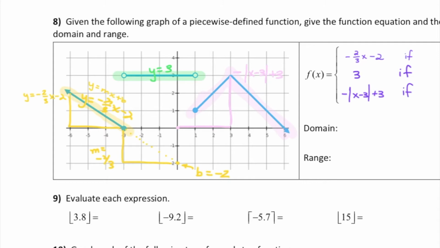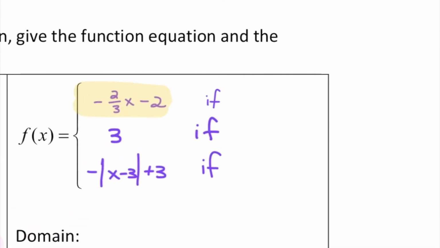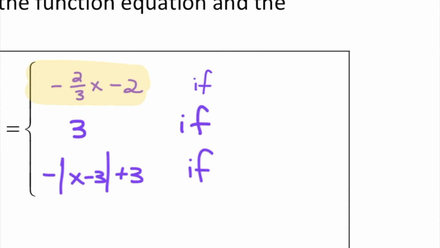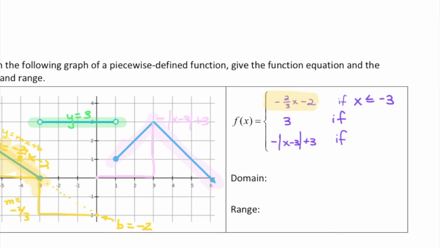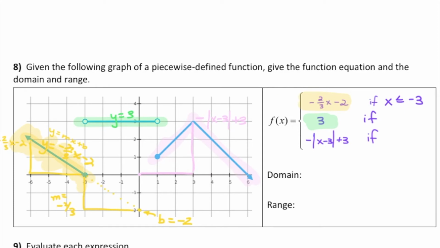Anyway, so the yellow portion of the graph, the linear equation that I have in the top, is from negative infinity to negative 3, and it includes negative 3. So we don't deal with the infinity, we just say if x is less than or equal to negative 3, and that shows that we include the negative 3. The green section in the middle, this y equals 3 part, doesn't include the endpoints, but we have here negative 3 and here positive 1.